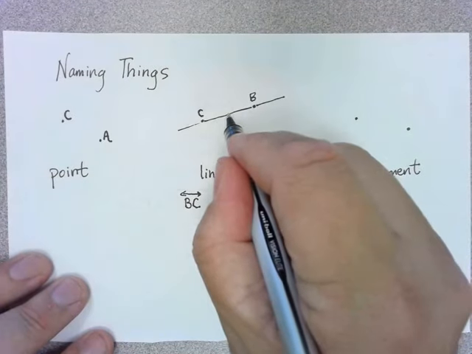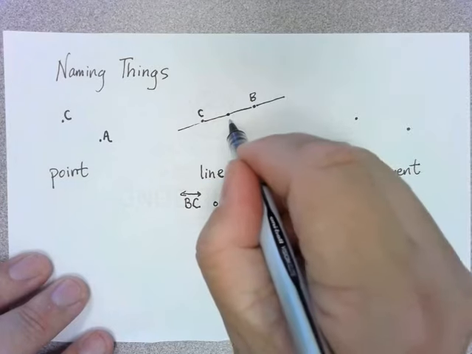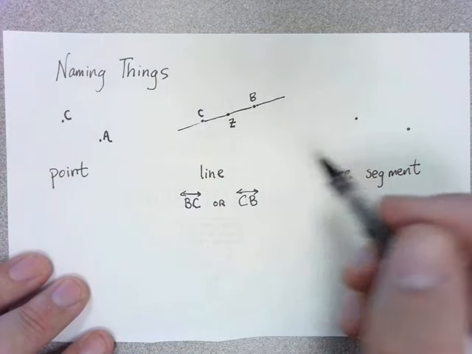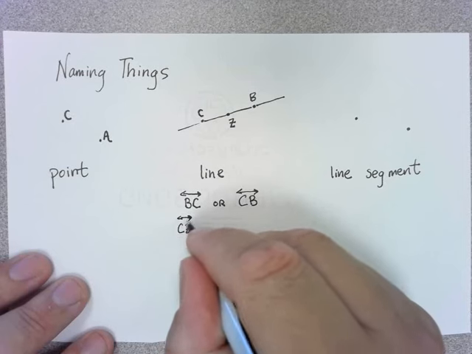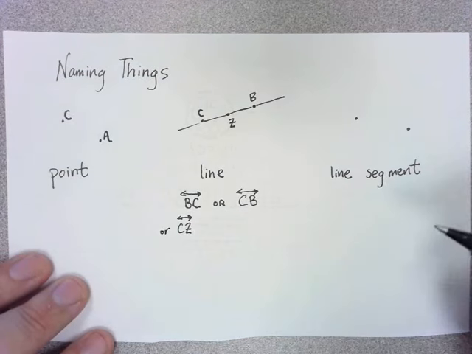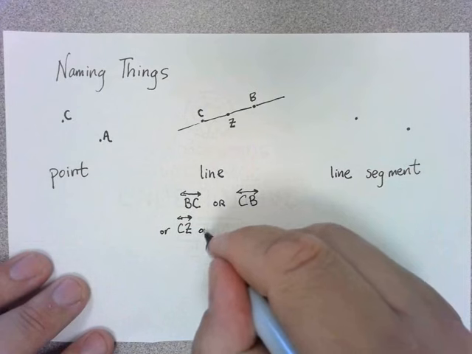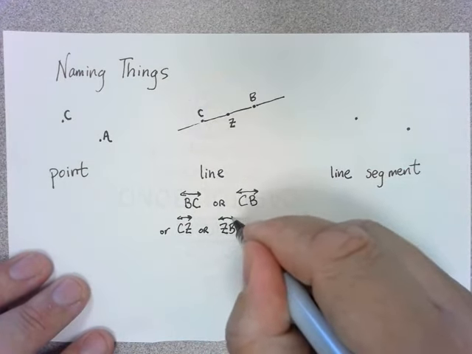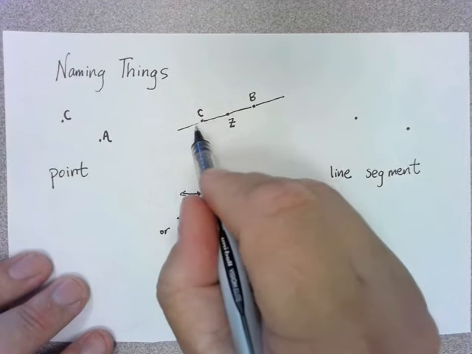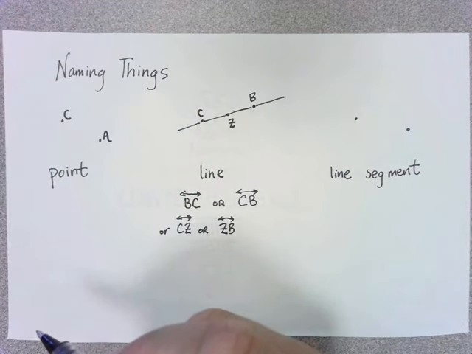And in fact, if we named other points, if I said, okay, here's another point, and I'm going to call that one Z, now I get a bunch more names. I can call it line CZ, or ZC, or whatever. There's plenty of names for this. This is line ZB. So the way we name a line is by naming 2 points on it.